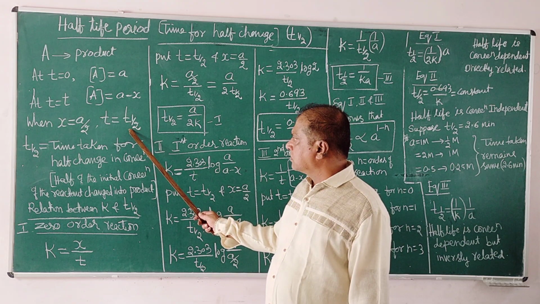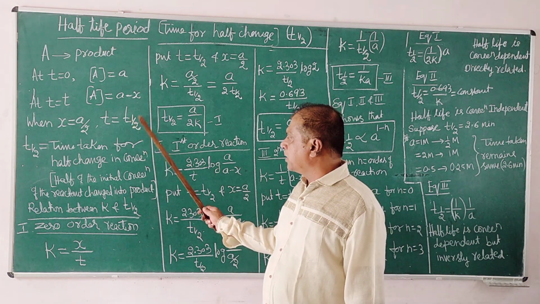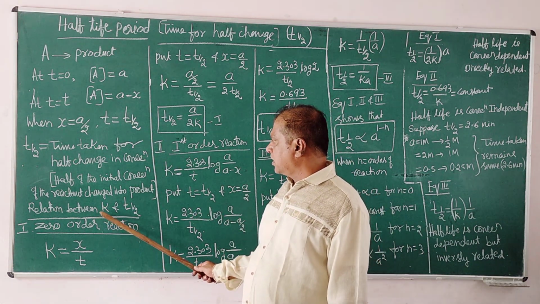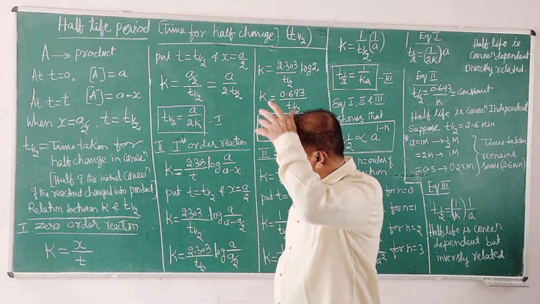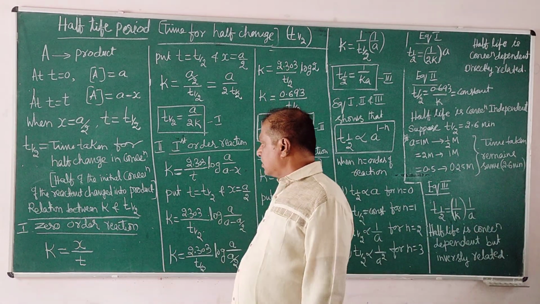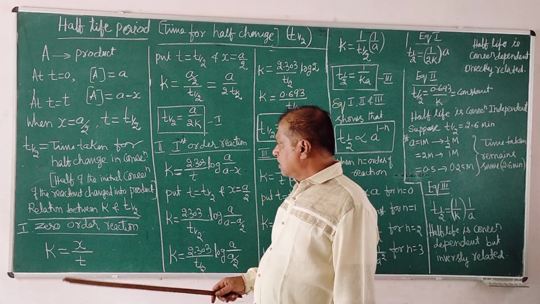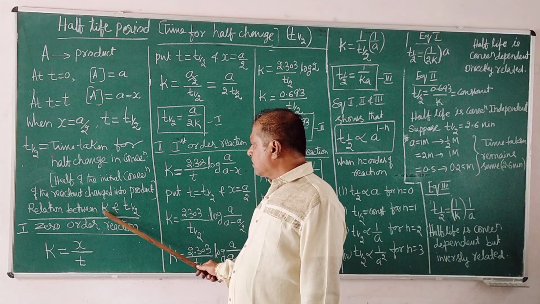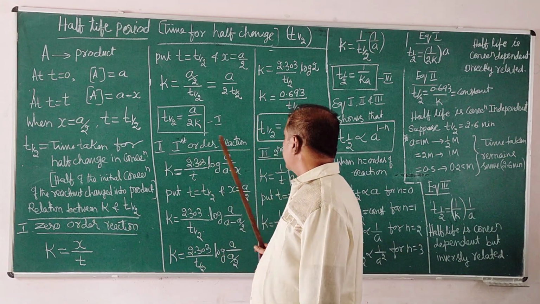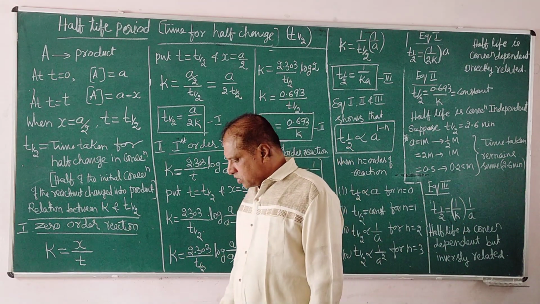This half-life is related to the rate constant expression. So we have the rate constant for three different orders. Let us see the relationship. What is the relation between the rate constant and half-life in the three different orders of reaction?